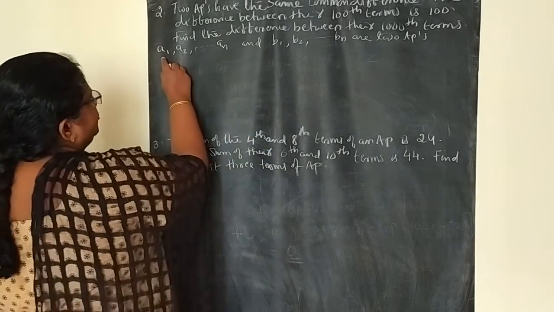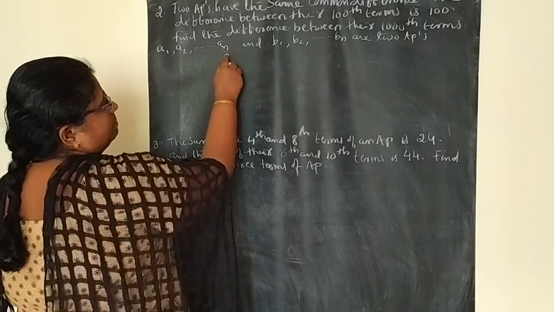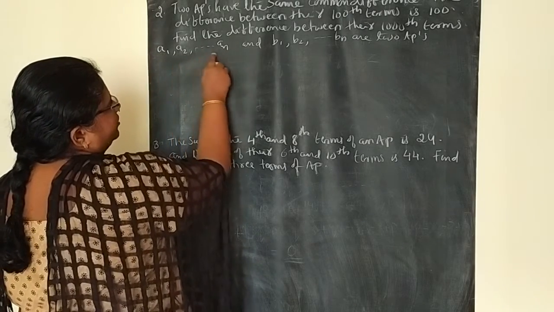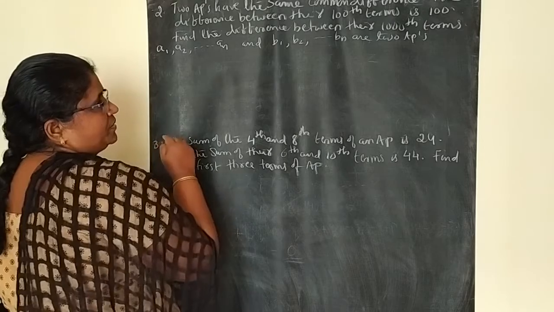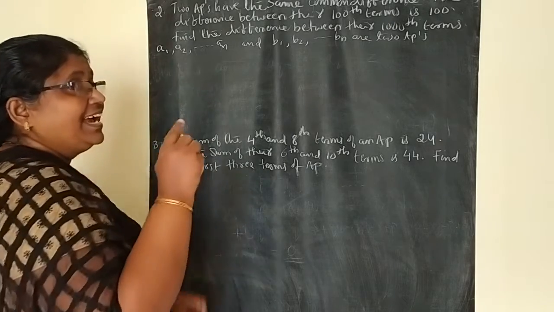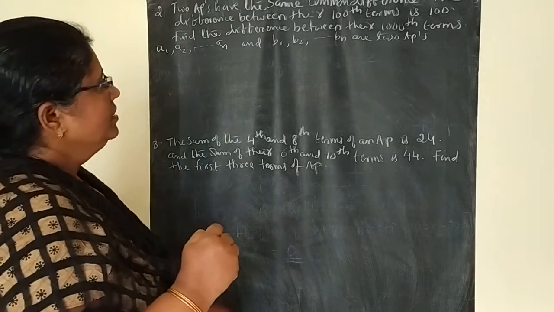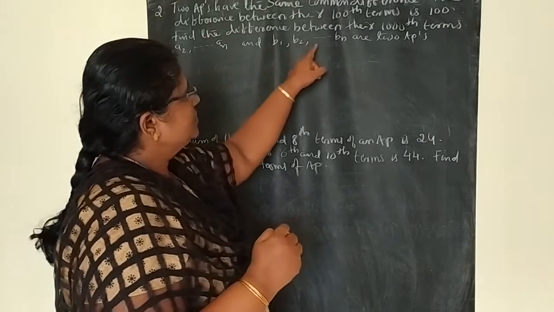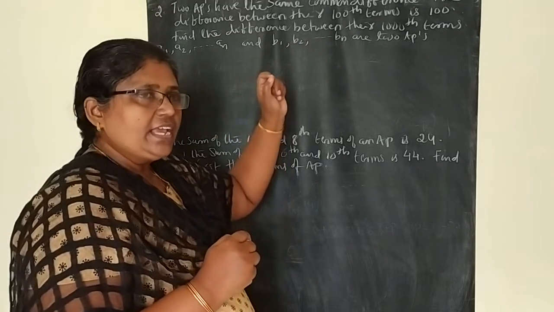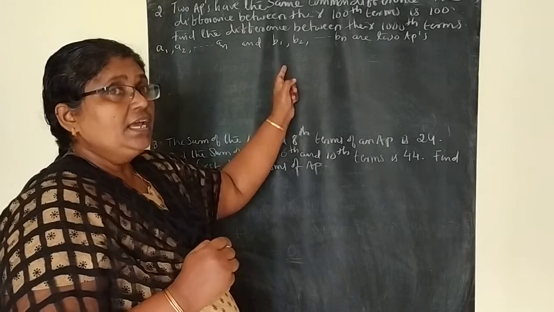What is meant by the 100th term of the first AP? We can denote it as A100. What is meant by the 100th term of the second AP? That we can denote as B100.